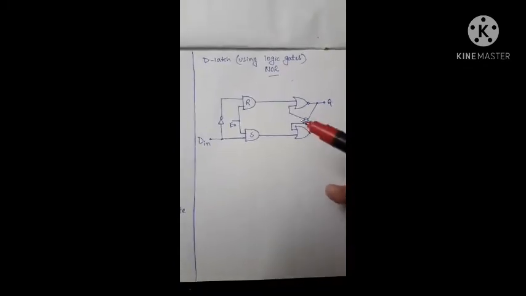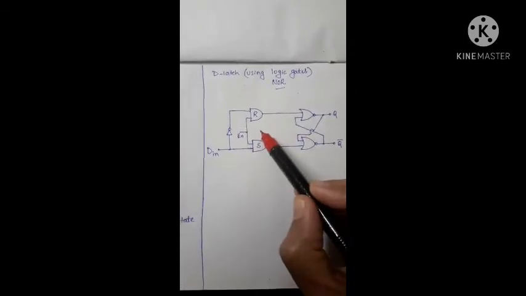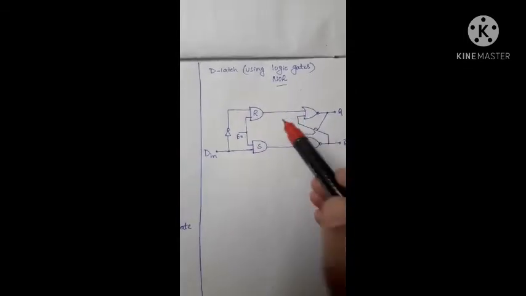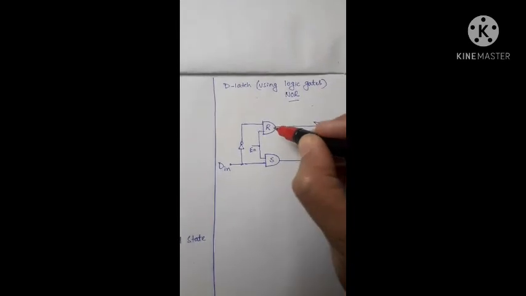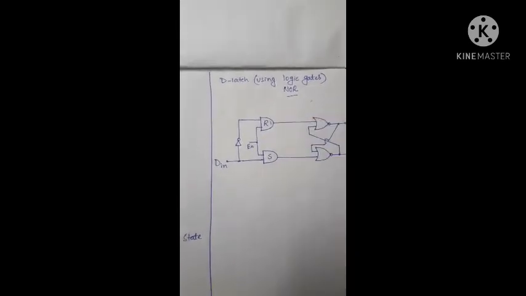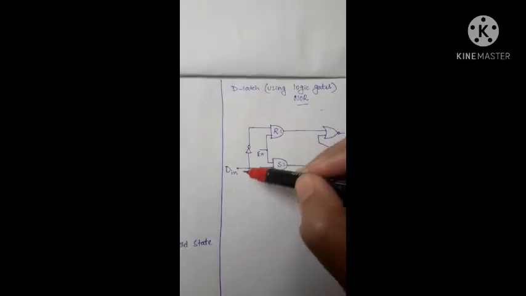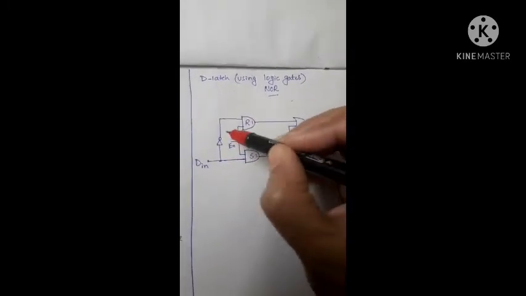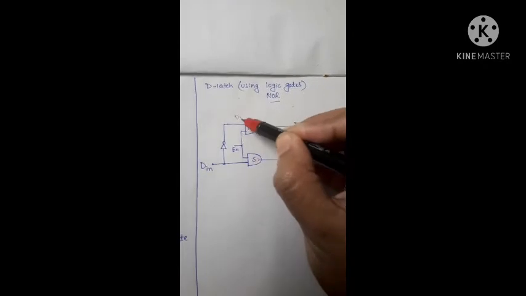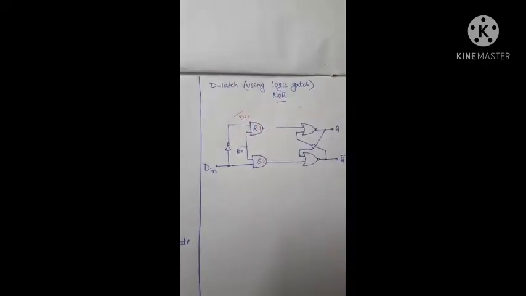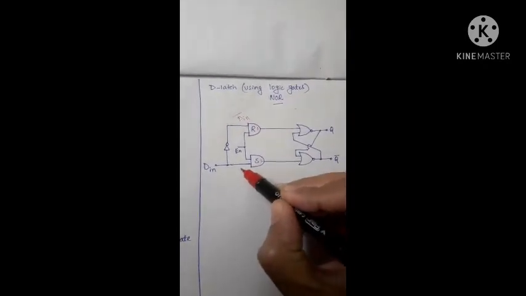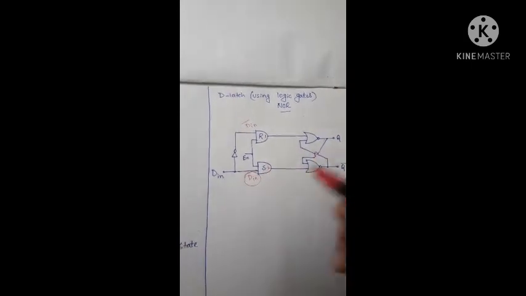As you can see here, it is the AND gate. So what will be the output of these two AND gates? We name this AND gate number 1 and this AND gate number 2. Here we are applying the data input, and here we will have D in bar, and here we will have D in.